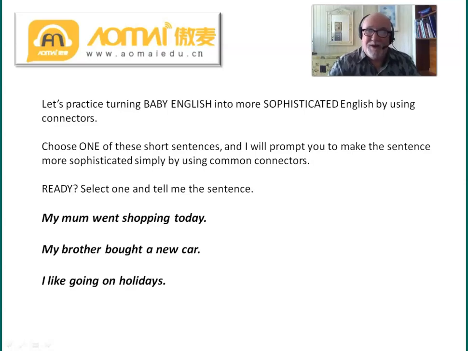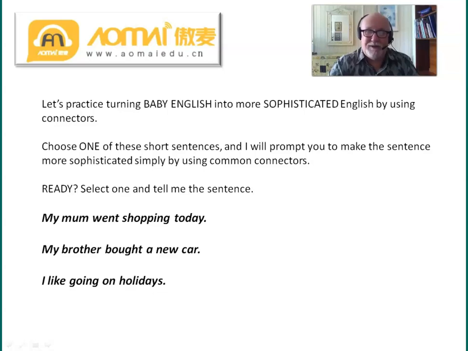Good. You're back. So did you add something to this sentence about my mum went shopping today? If I was going to tell the examiner something like that, I might add something like, because we didn't have much food left in our pantry at home, my mum went shopping today and she bought me a new shirt.